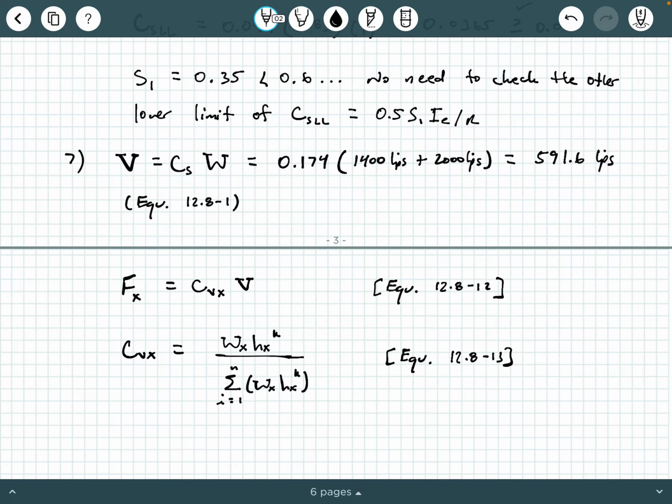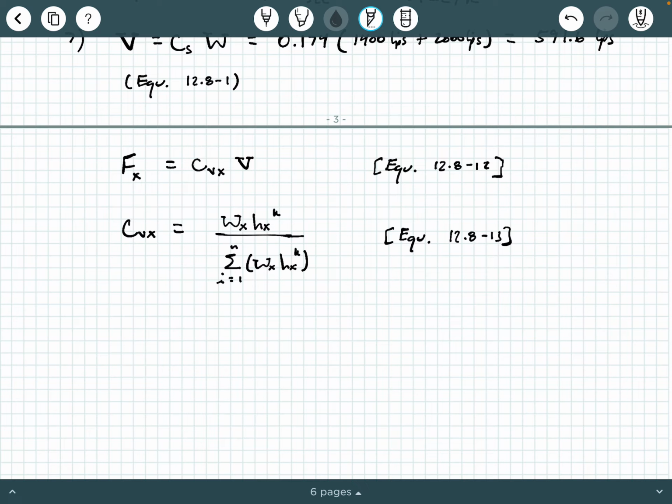Both of these equations are on page 125 of ASCE 7-22. So what do all of these terms mean? Well, W sub x is the seismic weight at level x. So this subscript x means level x, okay? H sub x is the height up to level x measured from the base level. So basically measured from the ground level, okay?